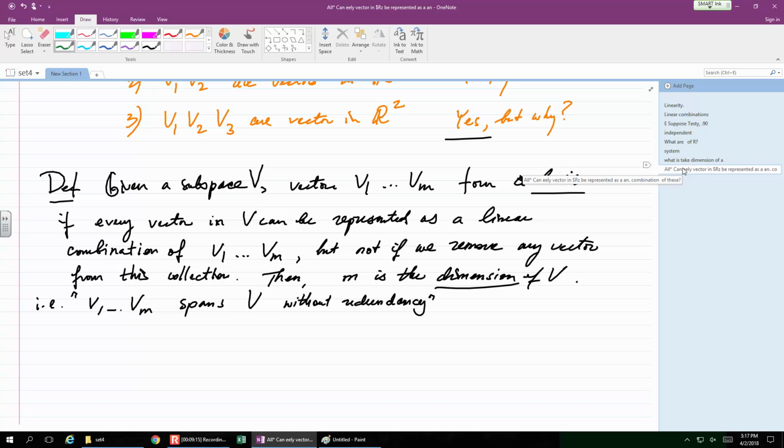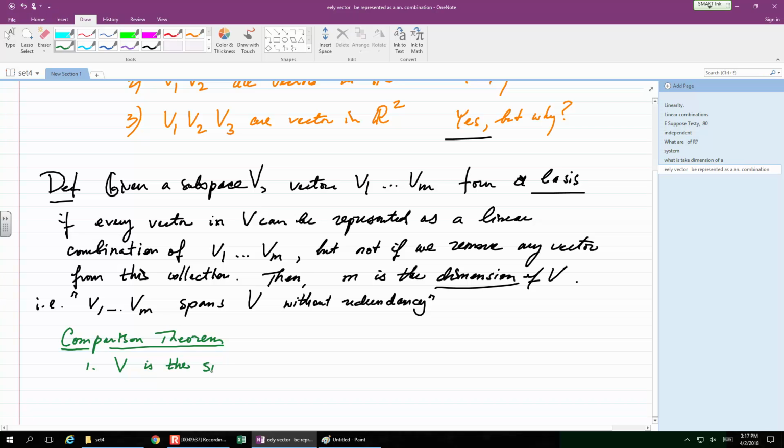So this is what the theorem sounds like. Comparison theorem. V is a subspace. Number 1 property: V is the span of V1, ..., Vm.